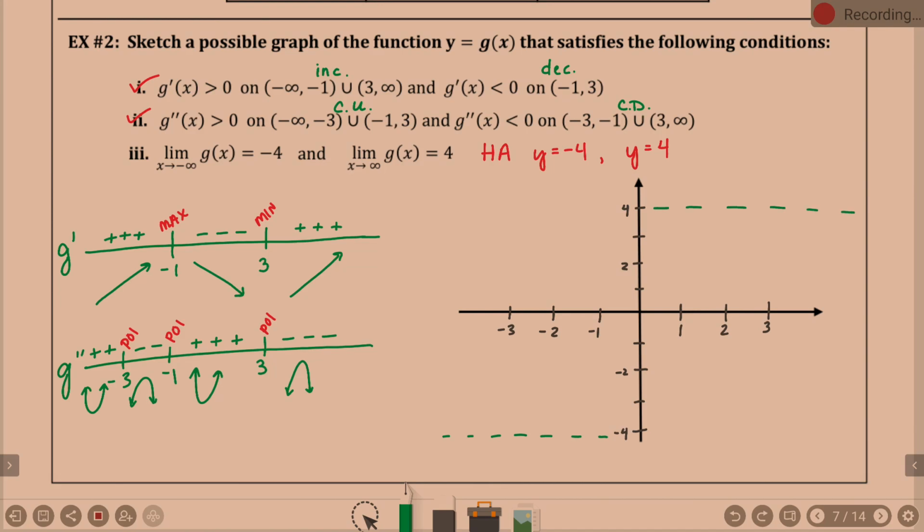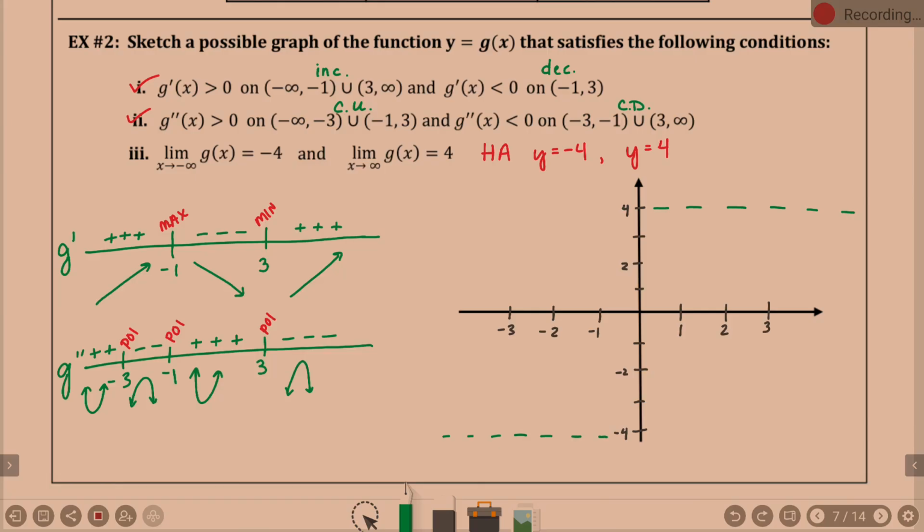Technically, those horizontal asymptotes go all the way across, but what's going to matter is over here on the right and down here on the left. Okay, so what's my graph first doing? Before -1, it is increasing, right? So we're going to be increasing from -infinity to -1.